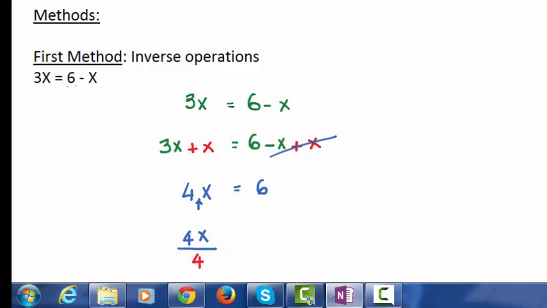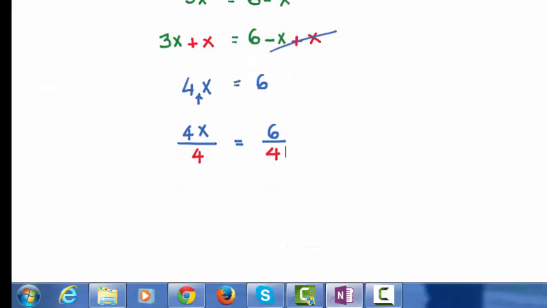But I cannot do this without doing the same thing to the right side. So I have to do the same thing. If I divide the left side by 4, I have to divide the right side by 4. So I reach 4x divided by 4 equals 6 divided by 4. Now this is better. Why? Because I can simplify 4 with 4.